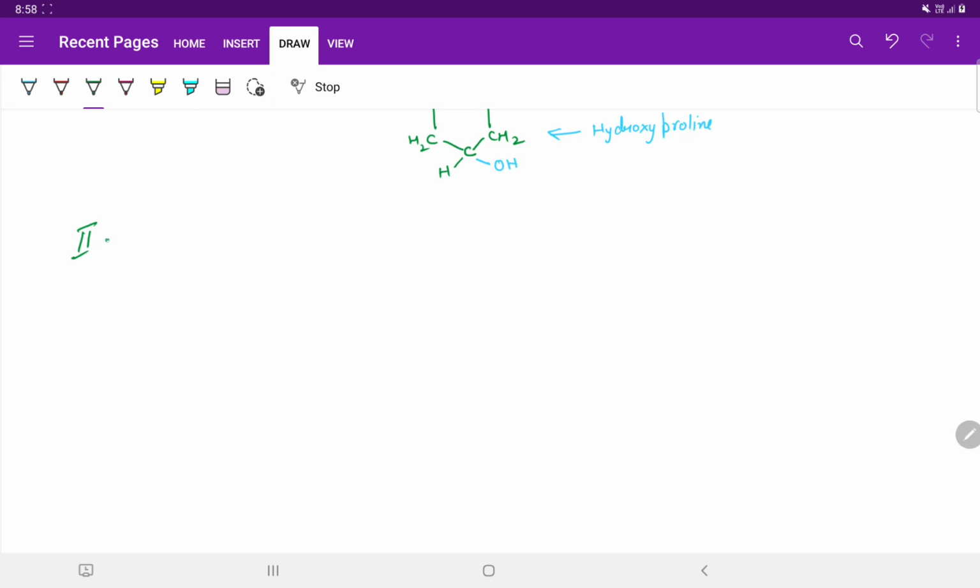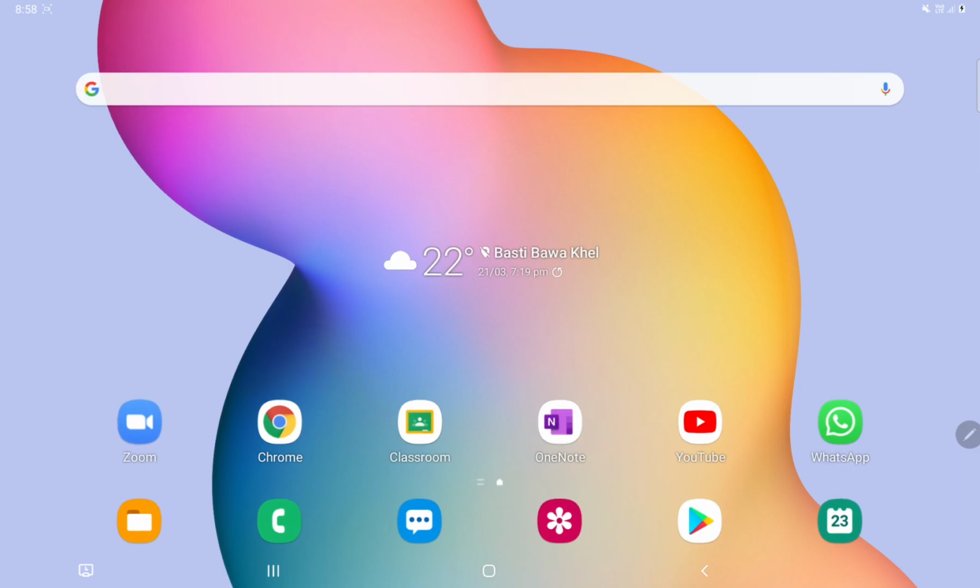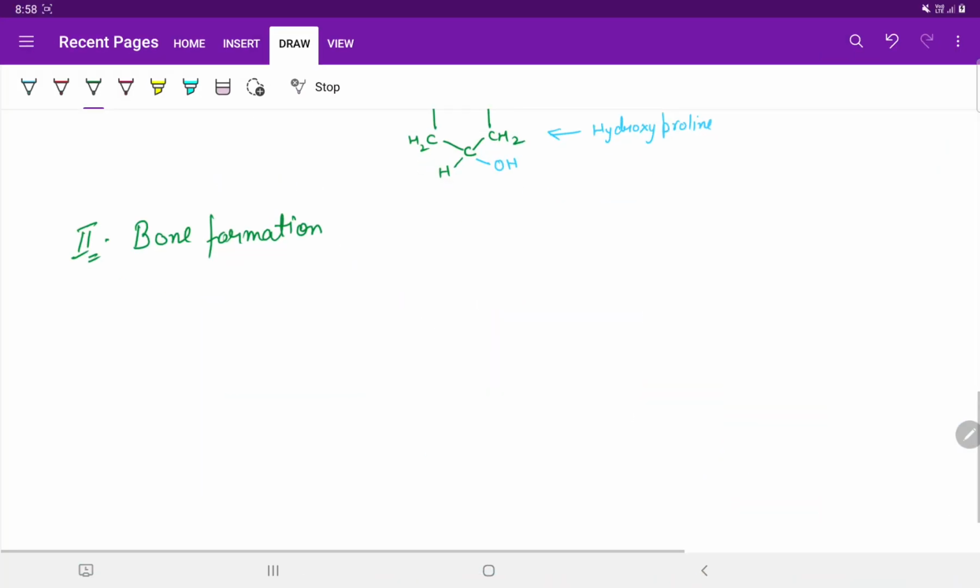Students, the next important biochemical function is the bone formation. So, in bone tissues, the matrix collagen and the inorganic calcium phosphate, the vitamin C is required for the bone formation.